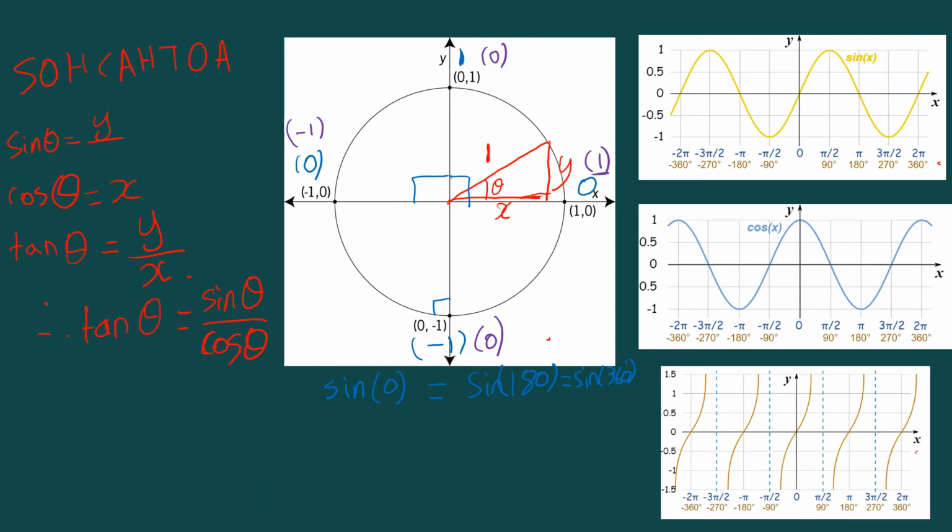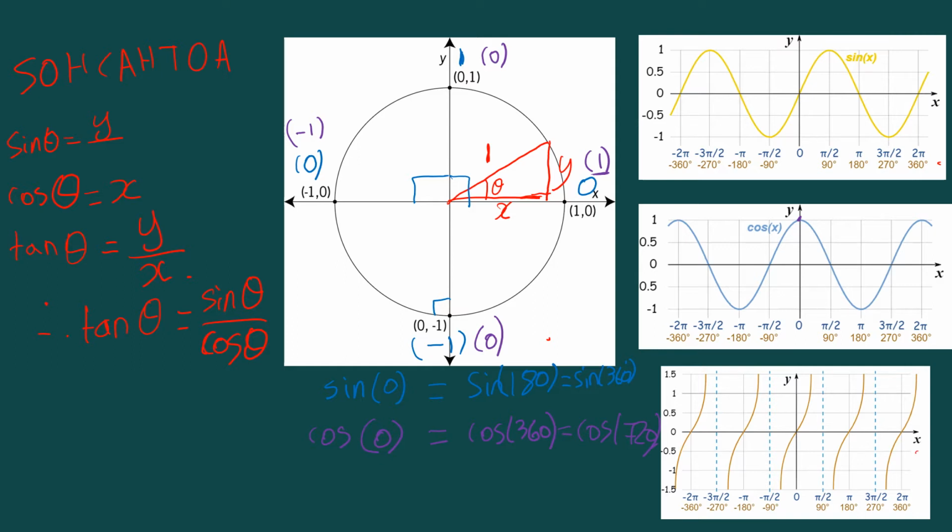Okay, so therefore we can conclude that cos of 0 is going to equal cos of 360, and then if we keep on adding 360, cos of 720, and it keeps on going.